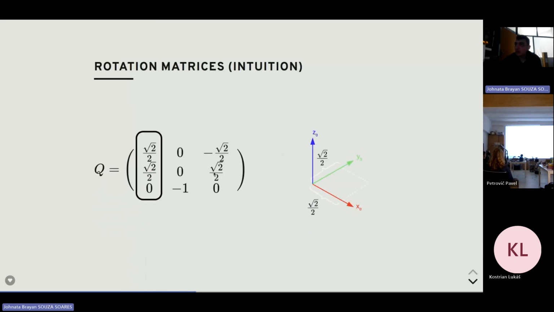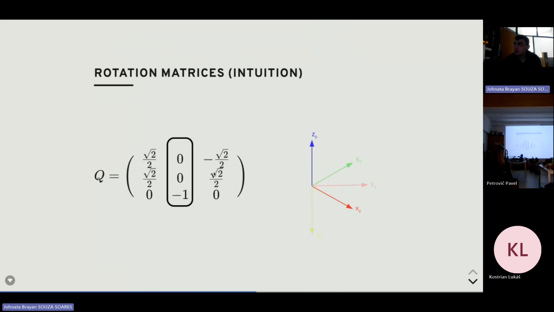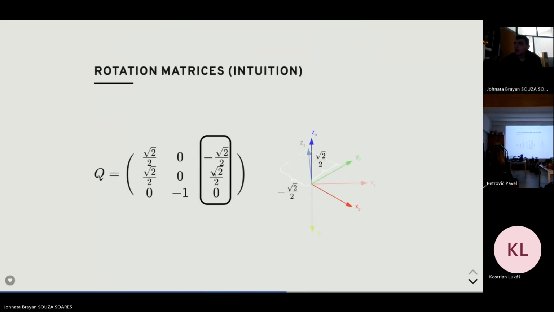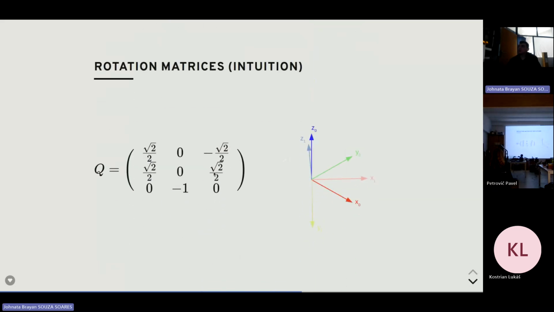So we could take the first column and draw it as the x vector, the second column as the y vector, and the third column as the z vector. In this way we could represent a rotation with this new reference frame that is rotated in relation to the inertial reference frame.